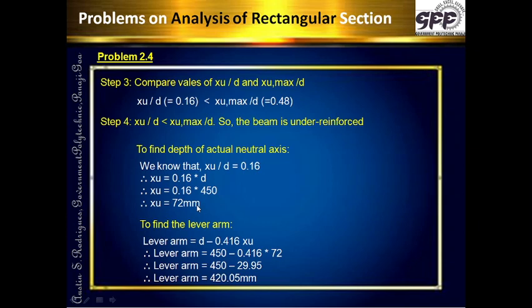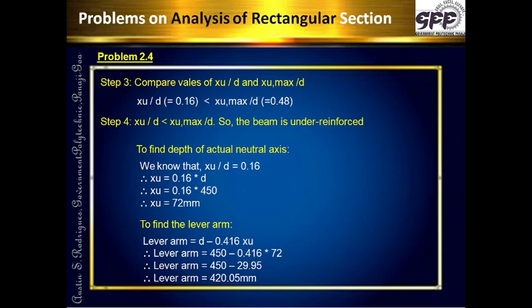Now there is a question: could we not find the value of XU by substituting the value of D in the previous equation, that is G1.1a, where XU by D is on the left hand side and on the right hand side we have the other terms? Please don't do that. That is not the right method of getting the value of XU.